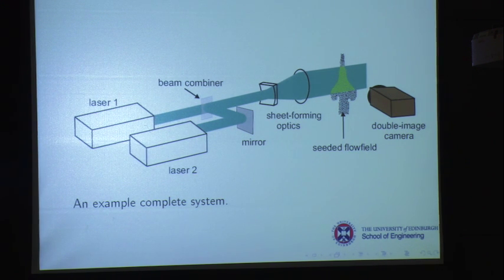The double image cameras use what's called an interline transfer architecture. The old days cameras had what they called frame transfer, where you took a whole picture in a frame and then transferred that up into a register. The interline transfer cameras took the register and turned it into stripes and put them right next to the pixel that was photosensitive.